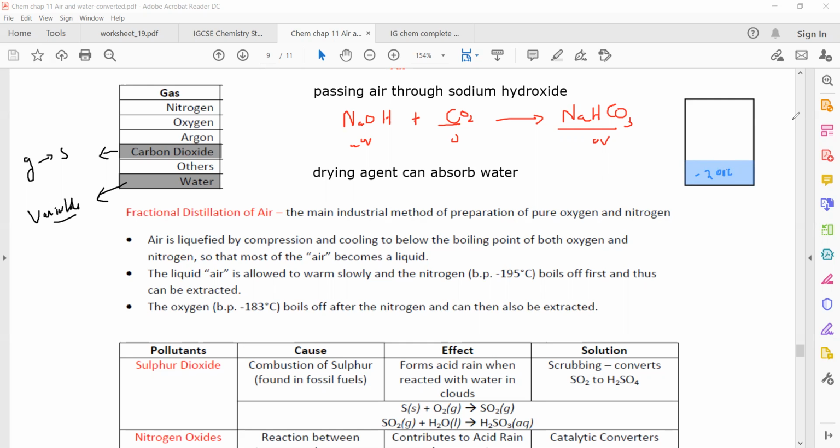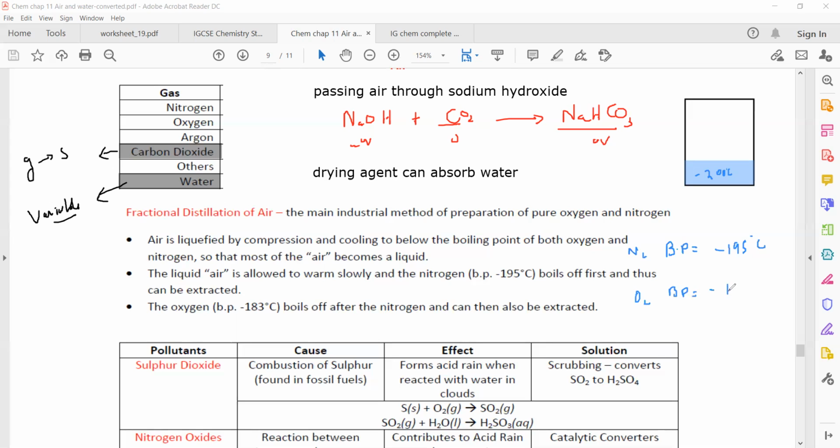Okay, so it is in a liquid state. The boiling point of nitrogen is minus 195, and the boiling point of oxygen is minus 183.